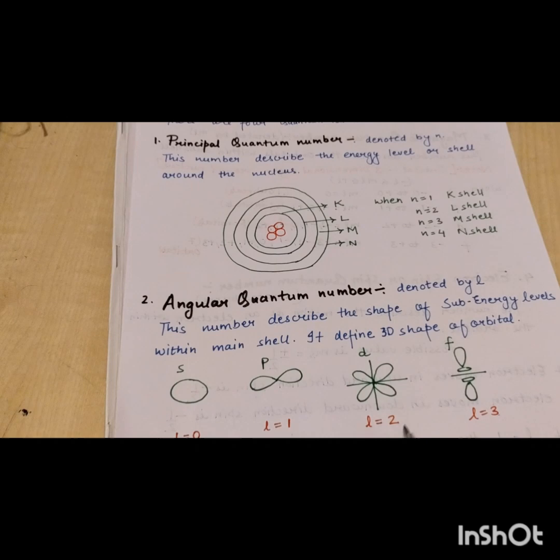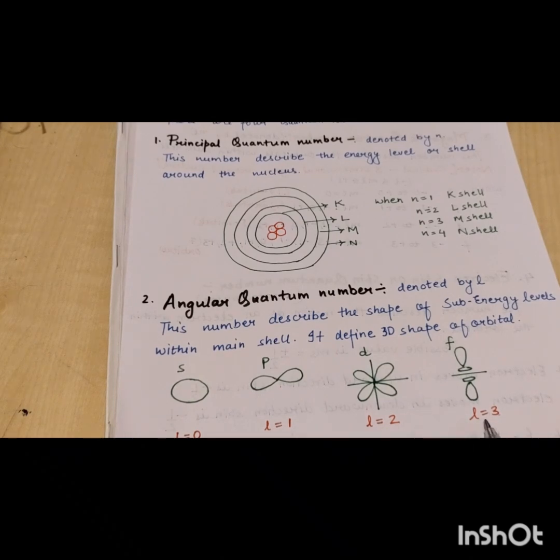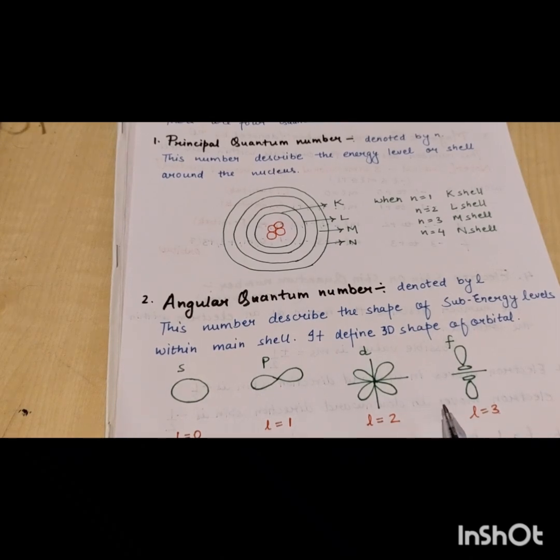When d, then l is equal to 2. When f, l is equal to 3. This is the angular quantum number, meaning how many sub-energy levels are located in the shell.